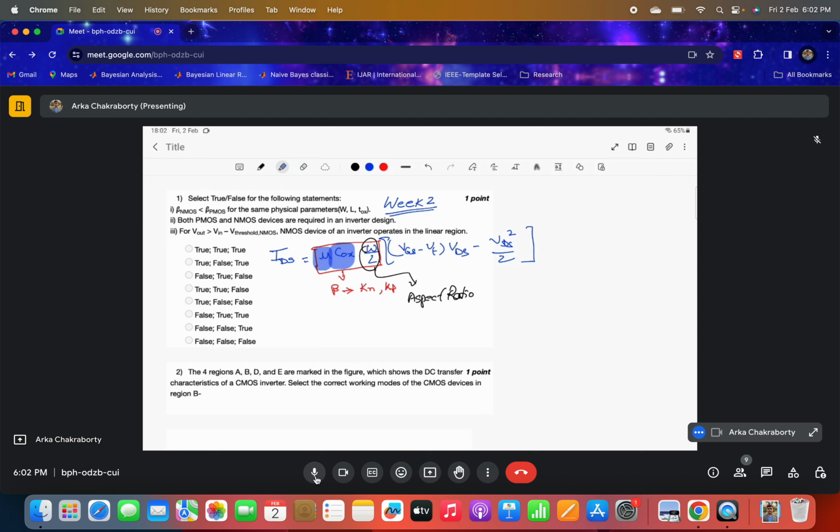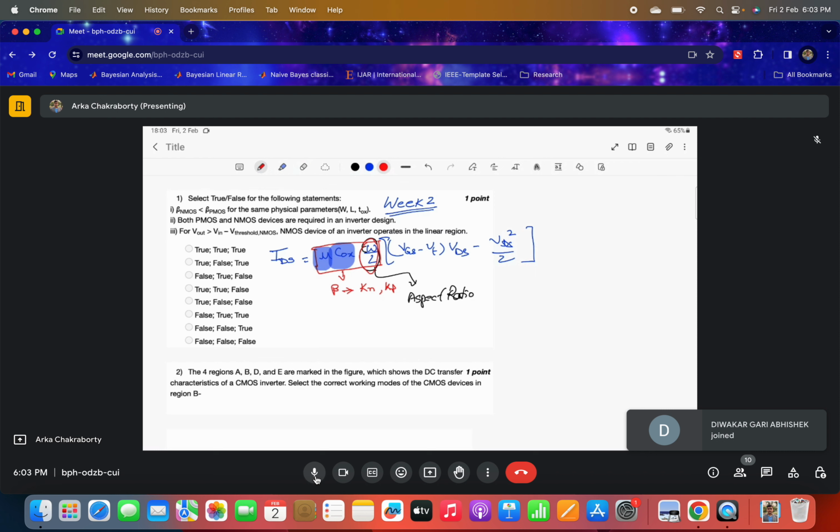Even before fabrication, for a given technology, mu and Cox are generally fixed until and unless you change the doping or oxide thickness. However, this W by L term is in control of the circuit designer. We can change the W and L values to get different values of current or capacitance as per our requirement.